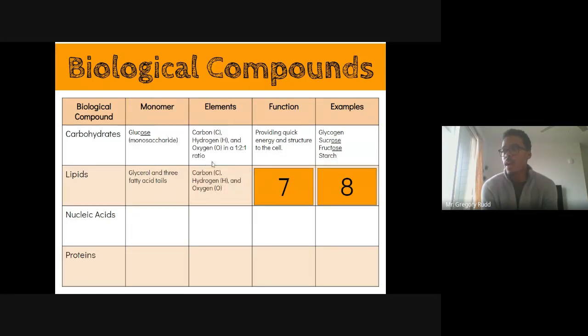The difference between carbs and lipids here is that in carbs, they appear in a 1:2:1 ratio. We do not have that ratio present in lipids. That's an important distinction, and it is something that you will be tested on. So make sure you know carbs have that very special 1:2:1 ratio between carbon, hydrogen, and oxygen.